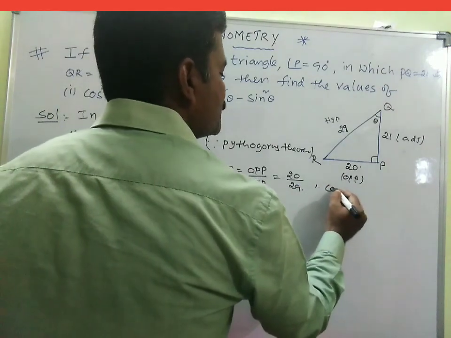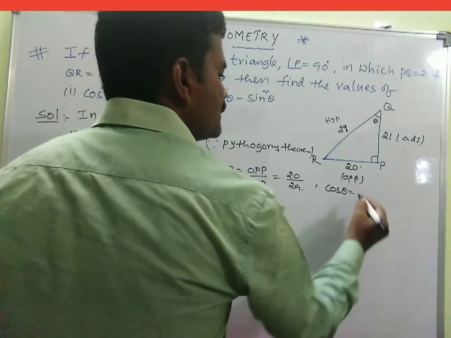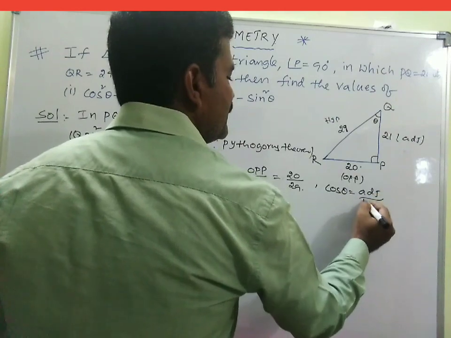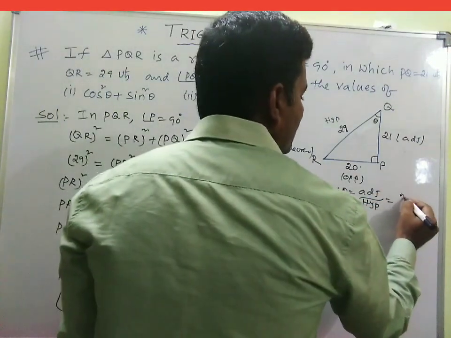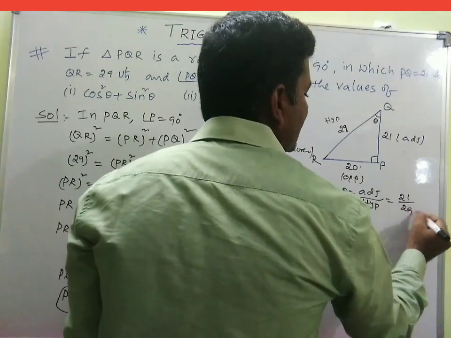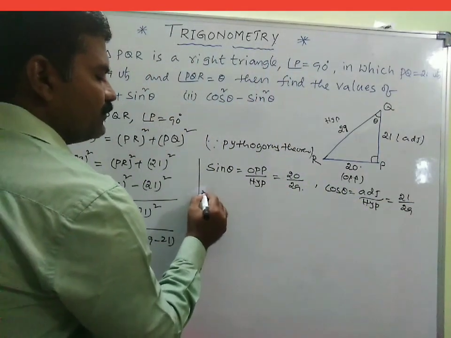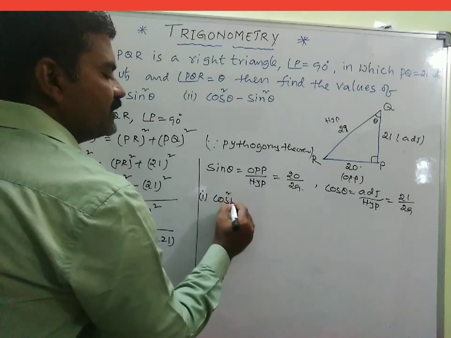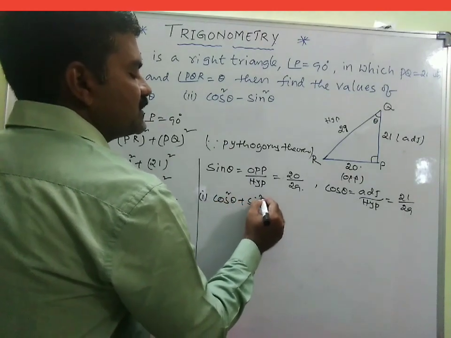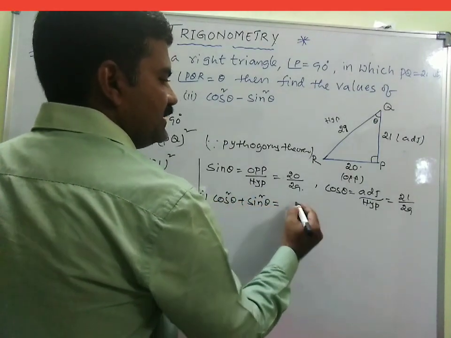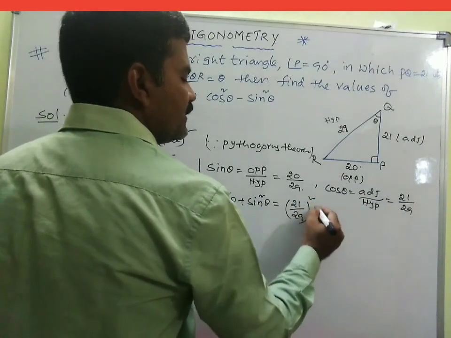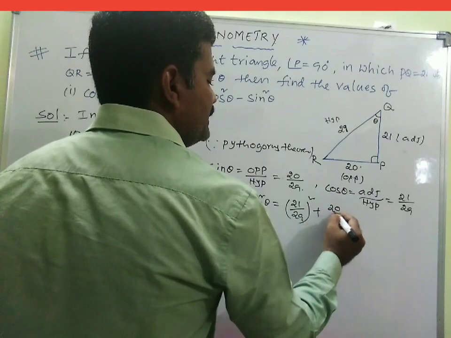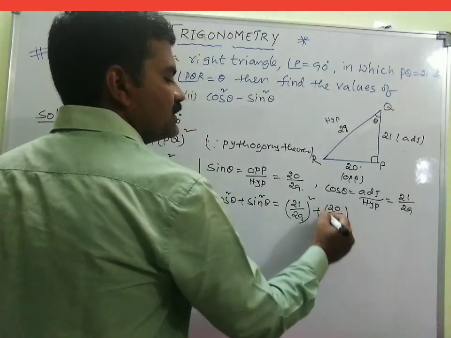And similarly, please go for cos theta. Cos theta is adjacent by hypotenuse. So what is the adjacent one? 21 by 29. So now let me go for the first one, cos square theta plus sin square theta. That is 21 by 29 whole square plus 20 by 29 whole square.